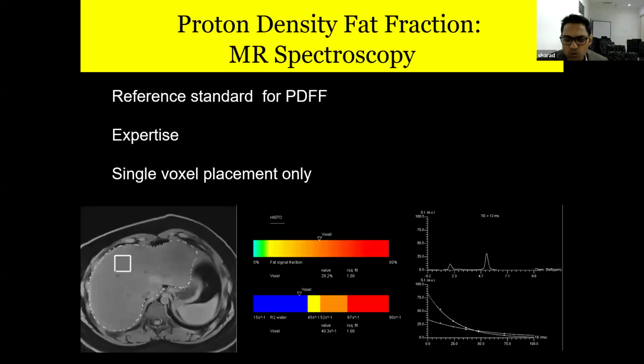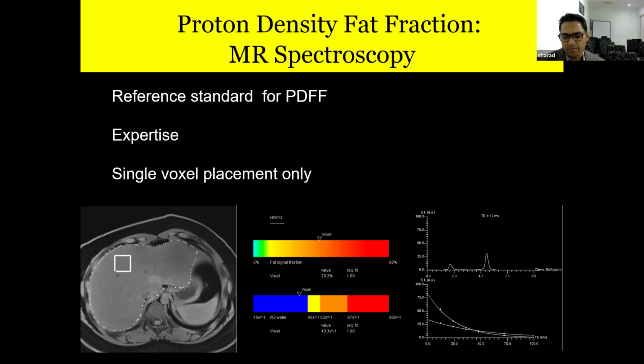So what we do is we do the PDFF and choose one or two sites and do an MR spectroscopy also. So I have a gold standard in case I find there is variation in my PDFF results, then I have a gold standard MR spectroscopy.